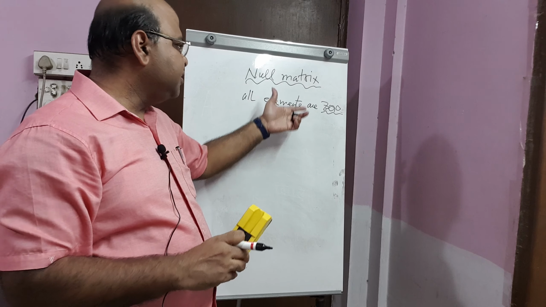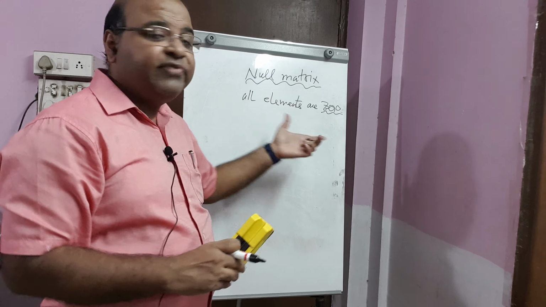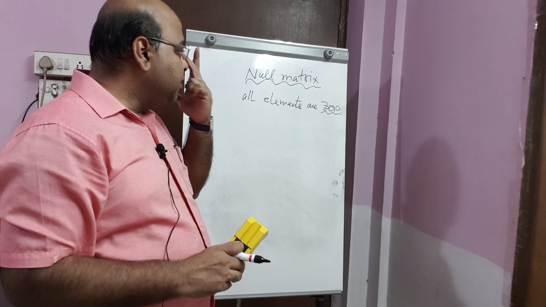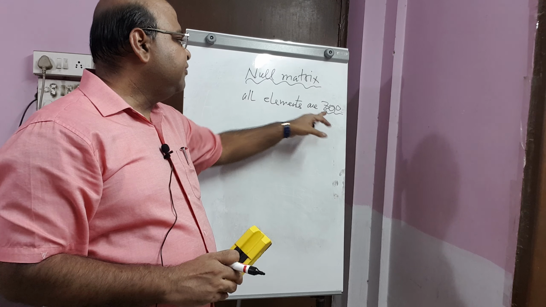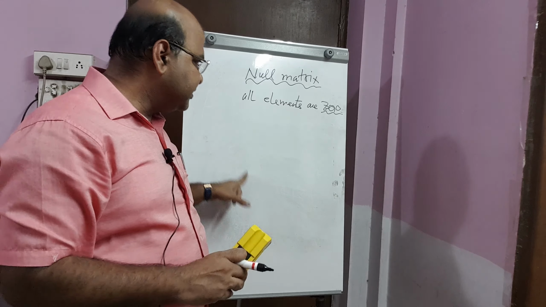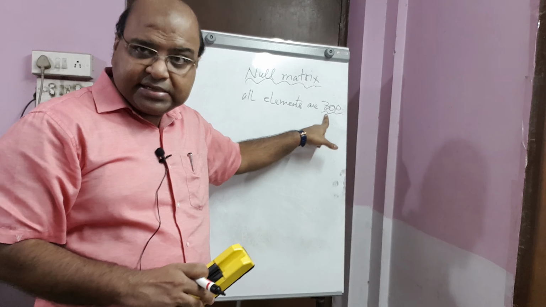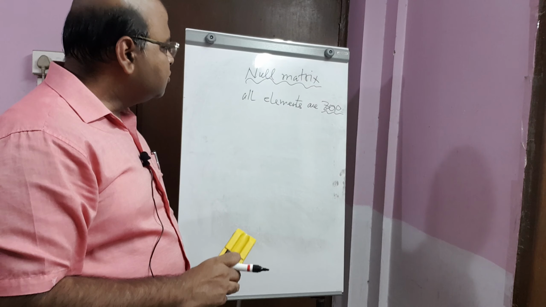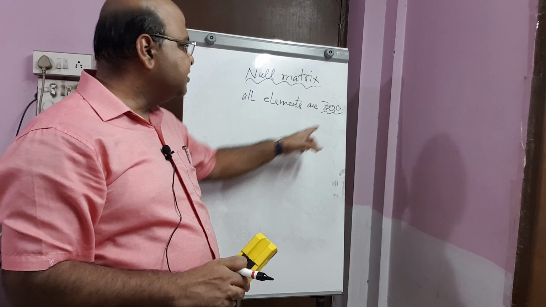If I deal with a matrix of vectors, I mean a matrix whose elements are vectors, they may be all 0 vectors. If I deal with a matrix whose elements are sets, then by 0 we mean the null set, likewise. So this may not mean the real number 0. Whichever system we are dealing with, 0 of that system.